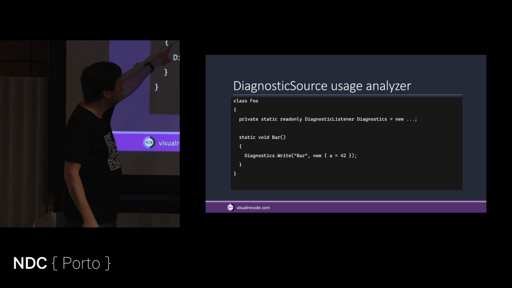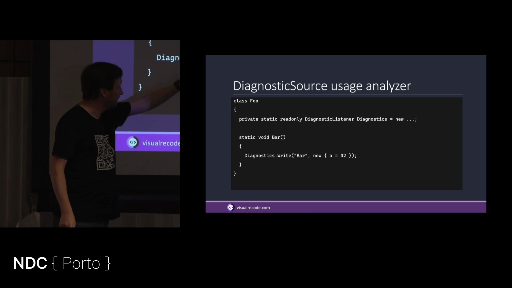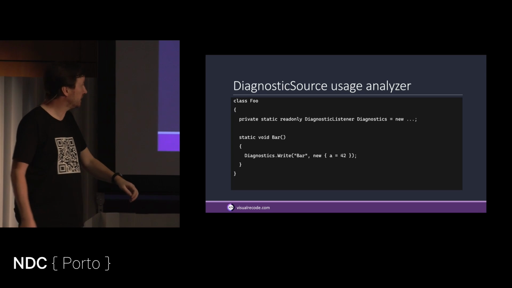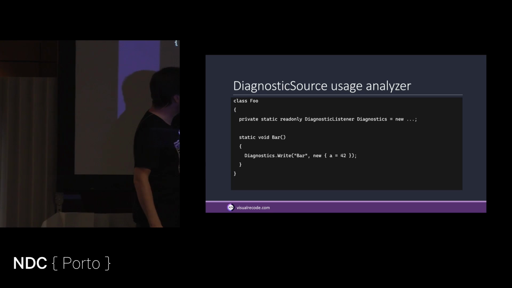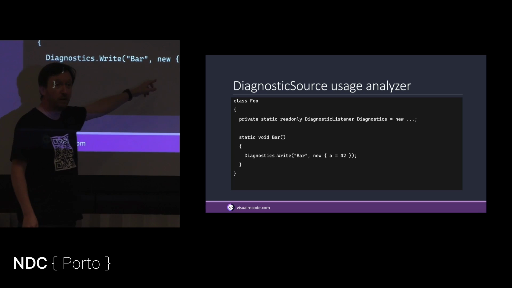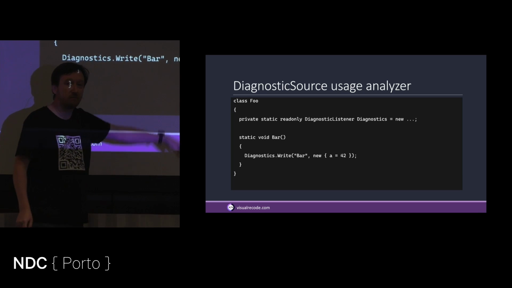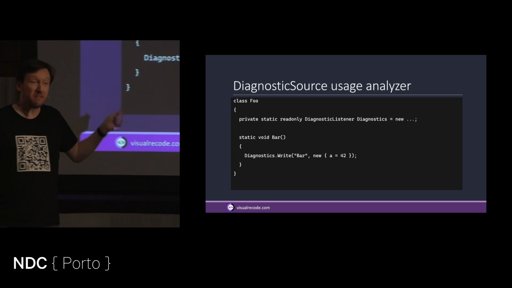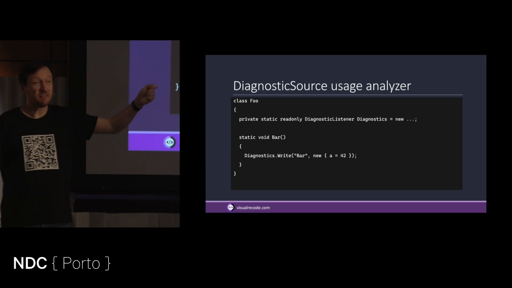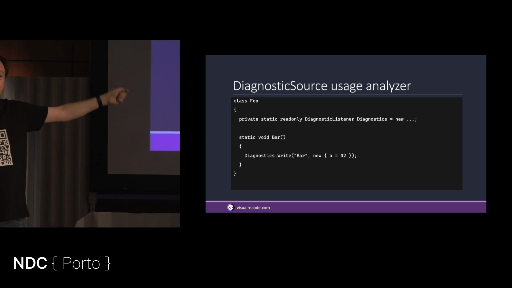Because this is just saying, I've got this diagnostics field here, and I'm just going to call diagnostics.Write, which means I'm going to create this object here, this new a equals 42, every time we come through here, even if nothing's listening on that diagnostics listener. So if there's nothing at the other end, I'm still creating an object.